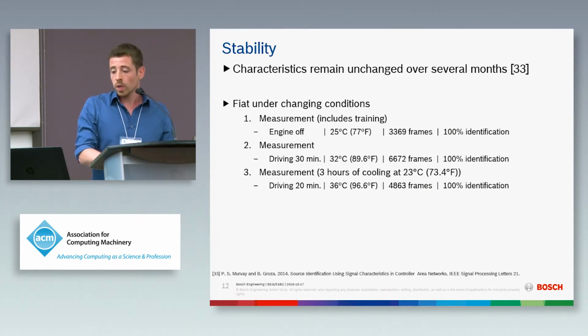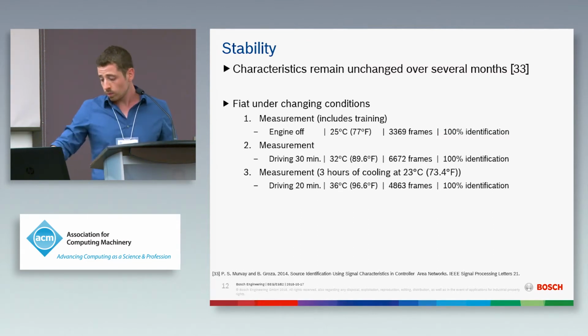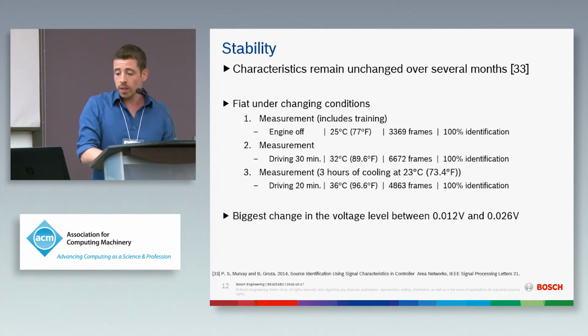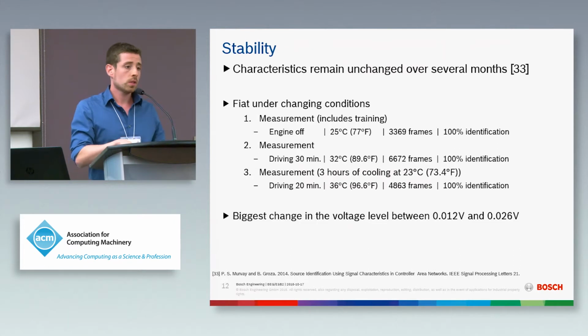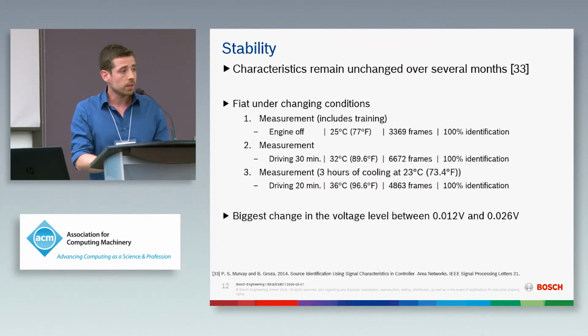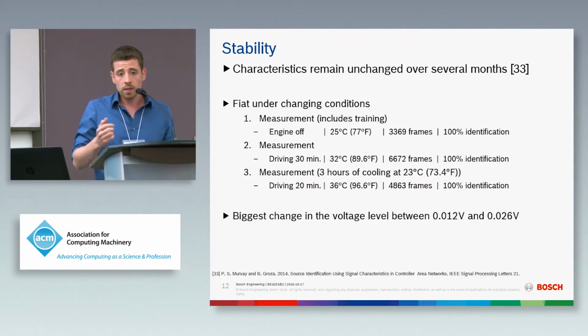It was really hot on this day, with an ambient temperature of about 36 degrees. Here we also collected over 4,000 frames and achieved an identification rate of 100%. The biggest change which we observed was in the voltage level. The other characteristics stay intact, which is why the identification still works.